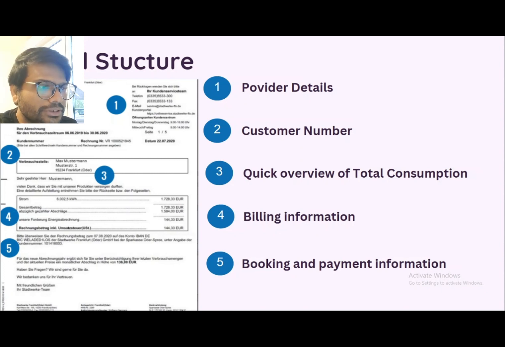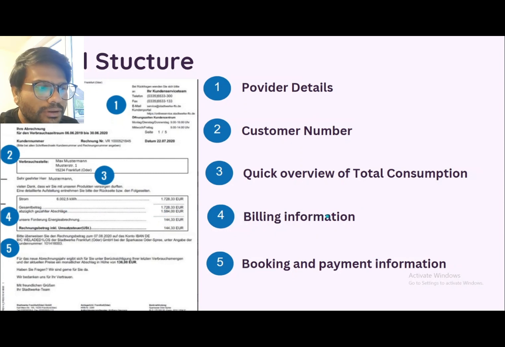Here you will see some basic details like provider details, your customer number, your billing information, and booking and payment information, like how much you paid roughly per year, the billing information, the calculations, and your booking payment information.